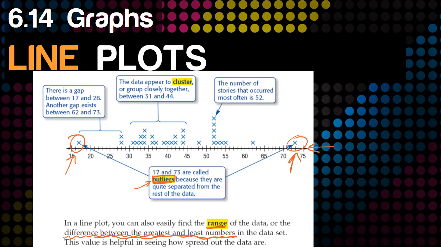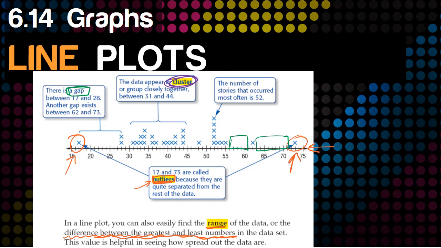We can also see that there's actually a gap between 17 and 28. This gap is pretty much where no numbers are in our data. So we can see that there are different gaps in our data here. It's just completely blank. There's no data in between. We also have this word here, clusters. You should be circling, highlighting these keywords in your notes.